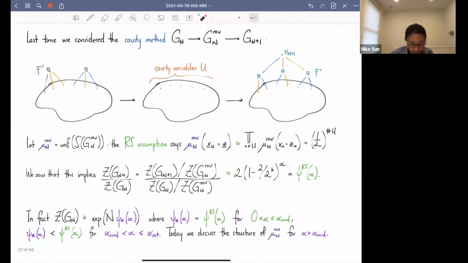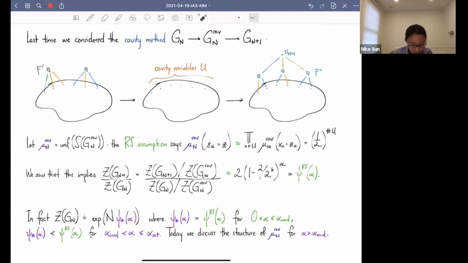In fact, what is true is that the number of solutions is equal to a function psi star of alpha, where it's equal to the replica symmetric prediction for alpha up to a certain threshold, alpha_con, for condensation. But this naive approximation is no longer correct once alpha is larger than alpha_con.